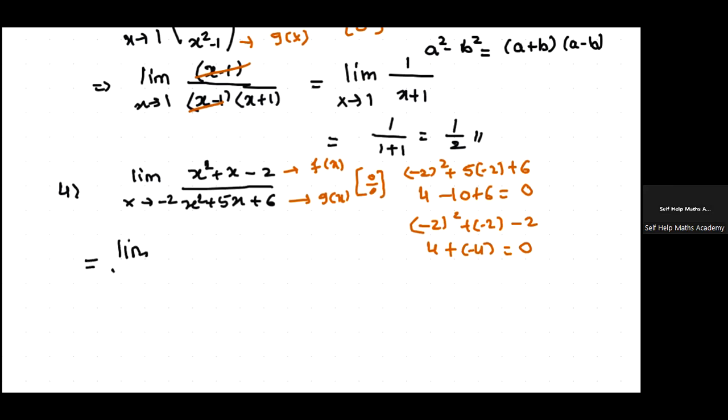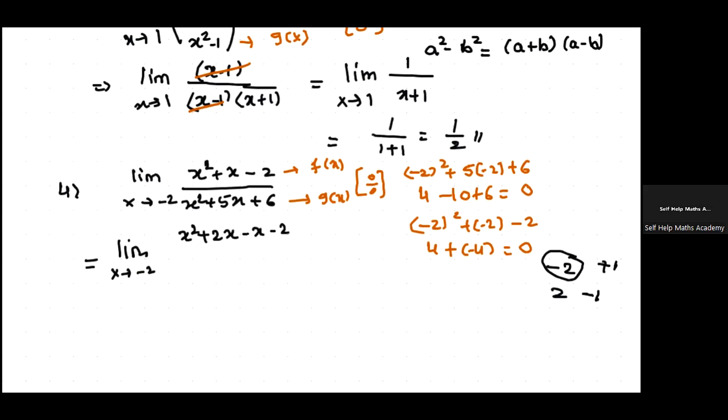For the numerator, I can write x square, because I need factors which multiply to give negative 2 and add to give plus 1. That means it is plus 2 and negative 1. So x square plus 2x minus x minus 2 I can write.